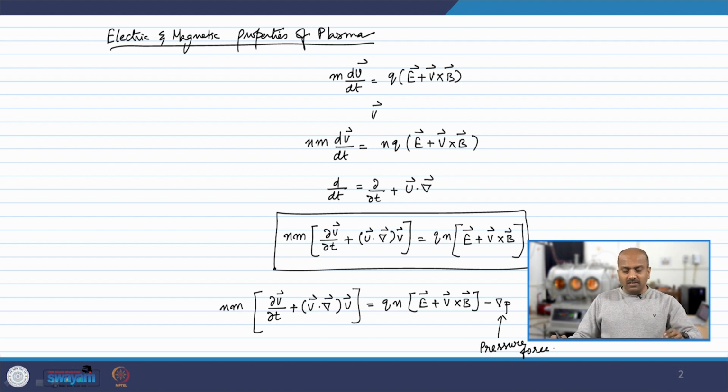Now, let us try to understand the role of electric and magnetic fields on the plasma, which is now being considered as a fluid. Generally, when you want to understand the electromagnetic effects, Maxwell equations are the ones that we think of first. So, Maxwell equations, when we consider them in vacuum, are written something like this.